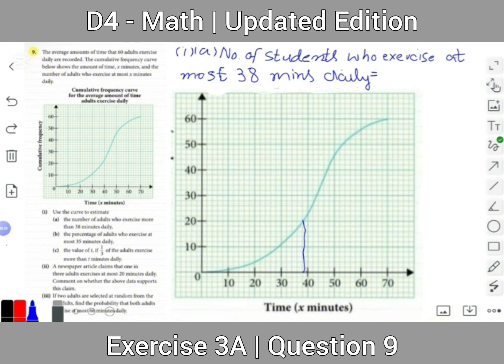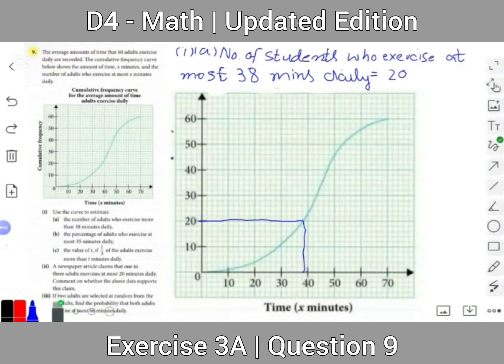From the point of intersection on the curve, we draw a horizontal line until it touches the vertical axis. So here we have the reading of 20. So the number of students who exercise at most 38 minutes daily is equal to 20.